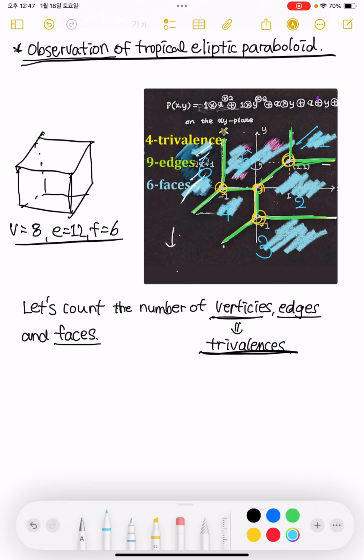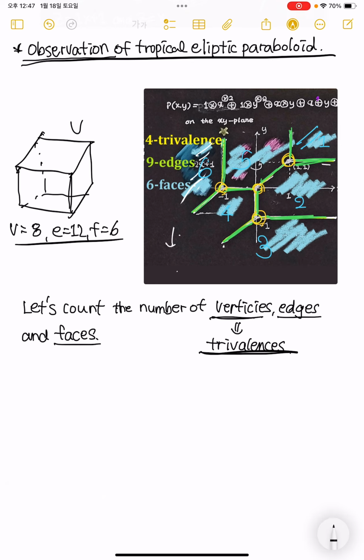Now we can think about a dual image if a cube is given. That is an octahedron, like this.